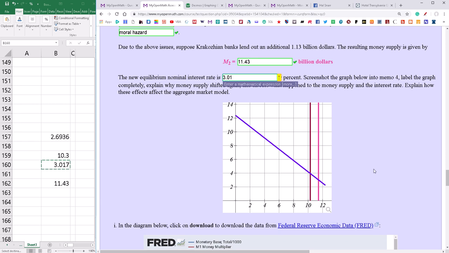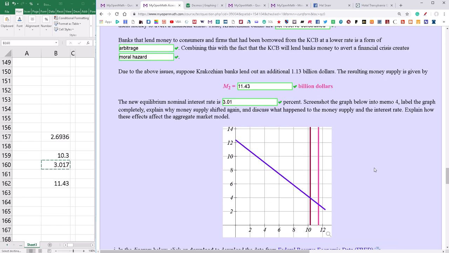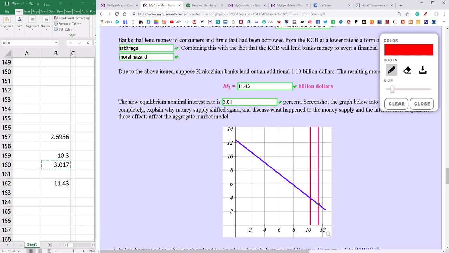Okay, now we need to graph this down here, right? So here's our new equilibrium. The interest rate is all the way down to 3.01%.